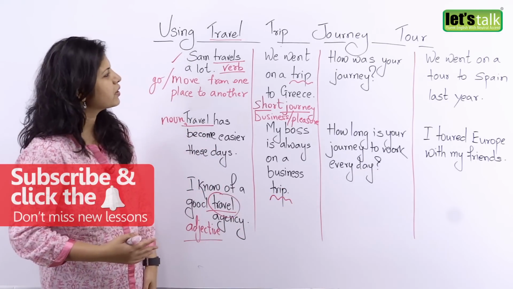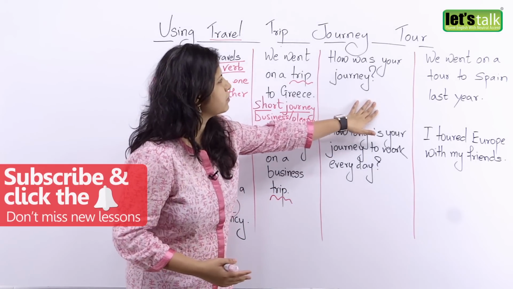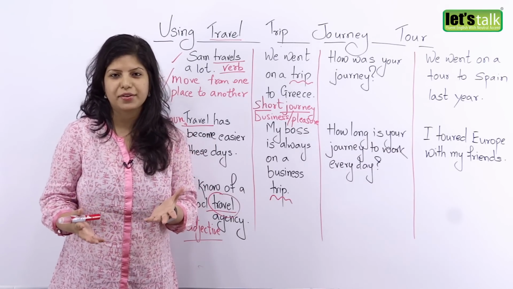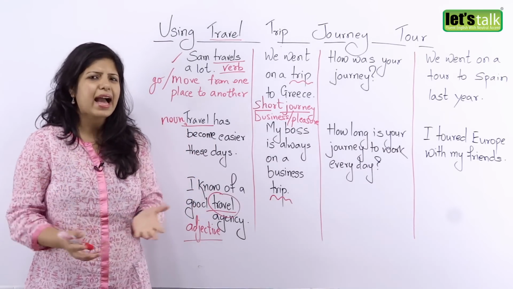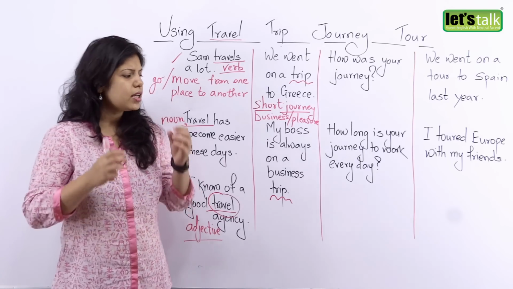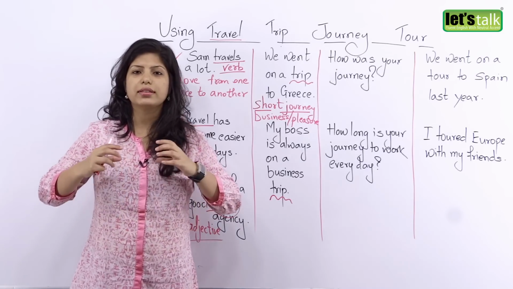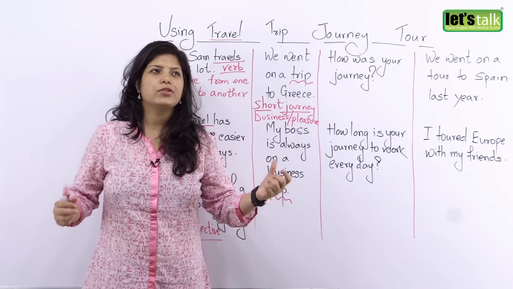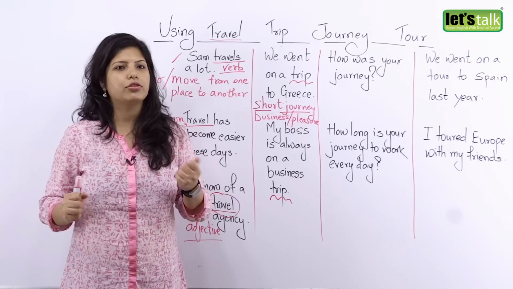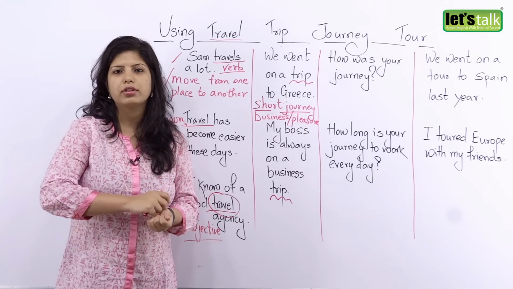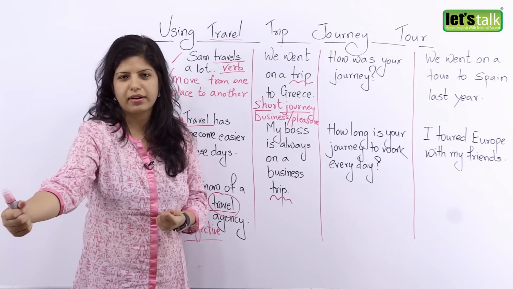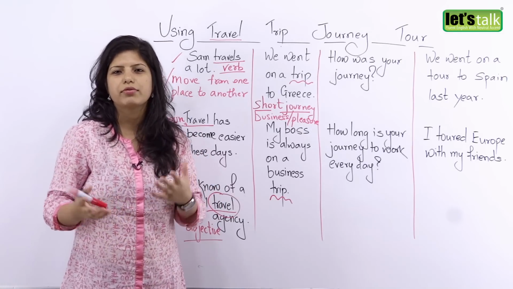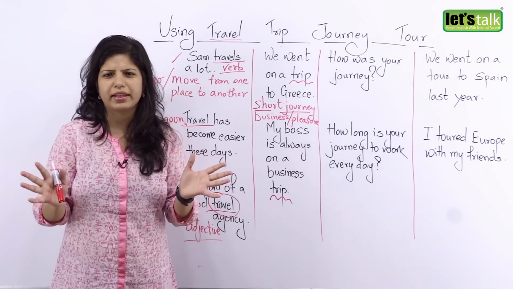Alright? Let's see what we have here then. Now, I used the word journey just a few seconds ago, right? So, what exactly is a journey? A journey is the actual distance that you cover when you travel. So, say for example, if during the holidays I wanted to travel to another city, all right, which was maybe say 200 kilometers from my city, just hypothetically.